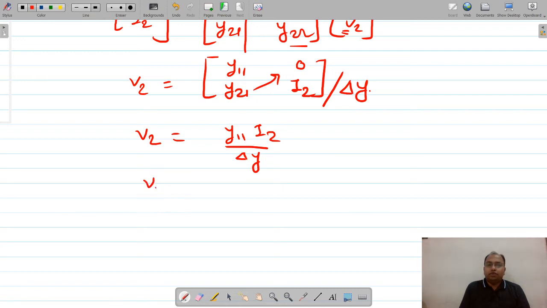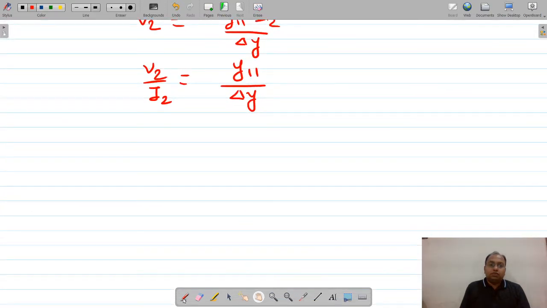So V2 divided by I2 we find first, and then we'll take the inverse, or reciprocal.